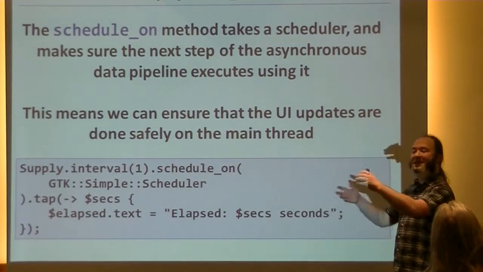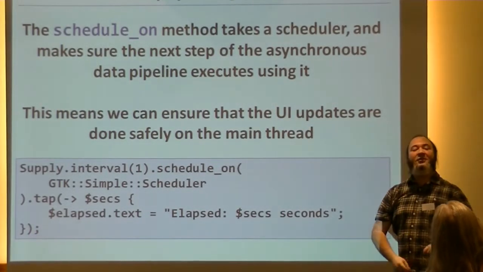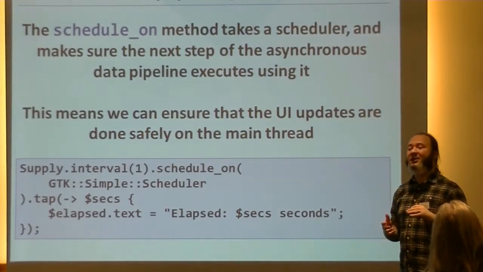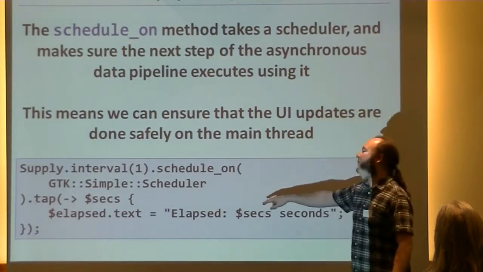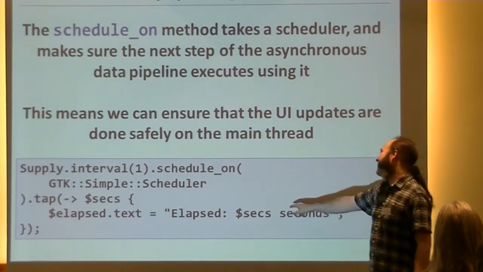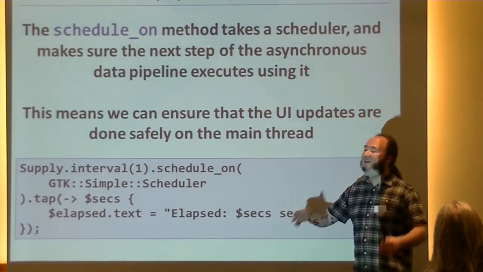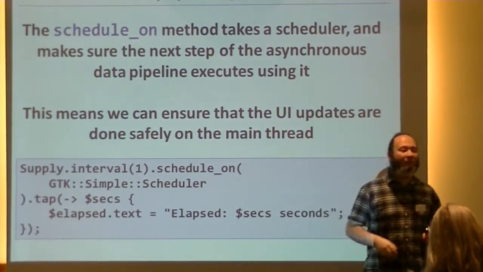So what I'm doing is taking this asynchronous data and tossing it over to the user interface thread. And then here, I tap it, and I know that because I said schedule it on the GTK thread, this is going to run in the right place. So we're done. That was a hard problem solved with one method called schedule.